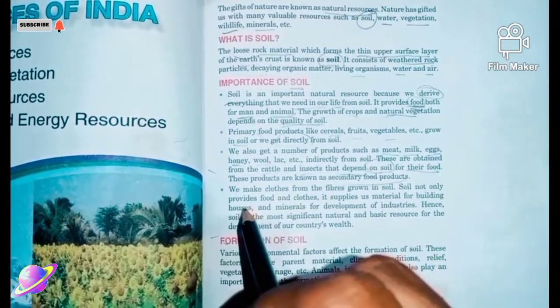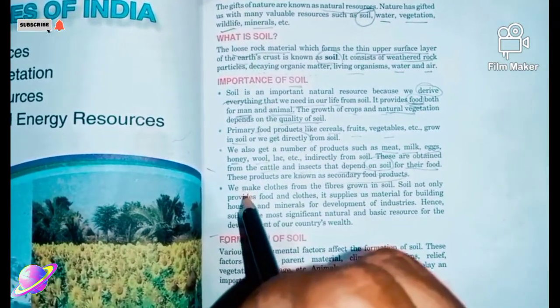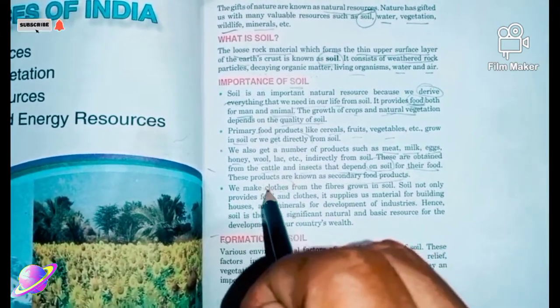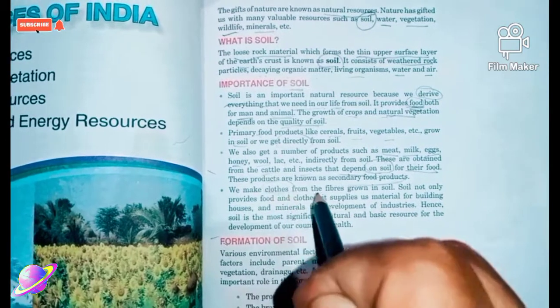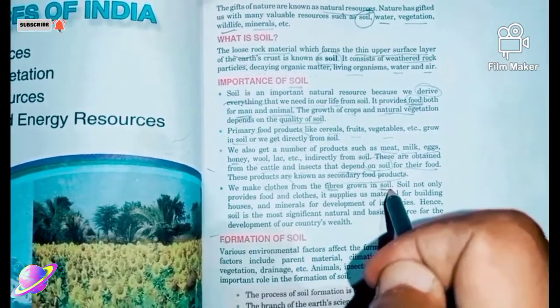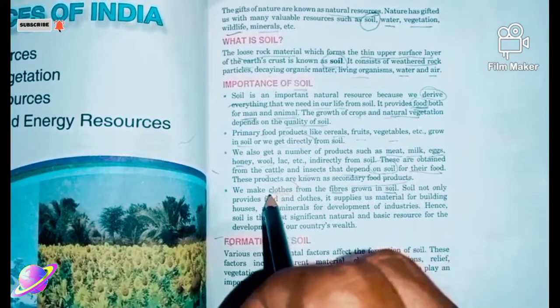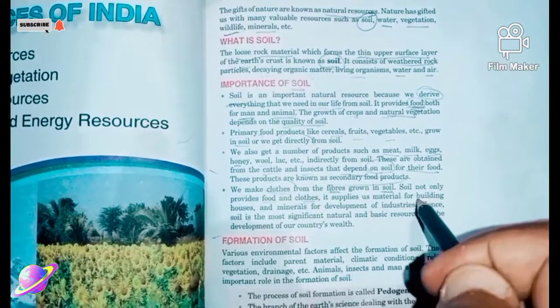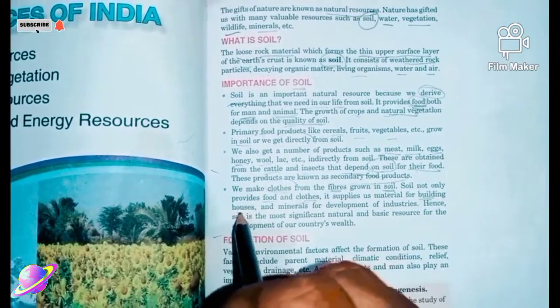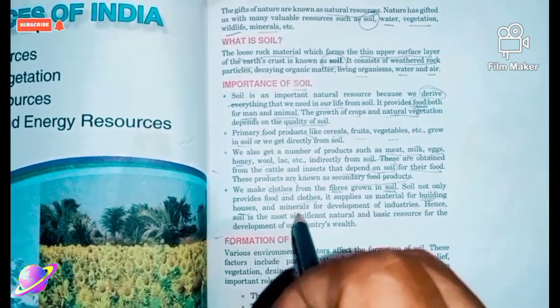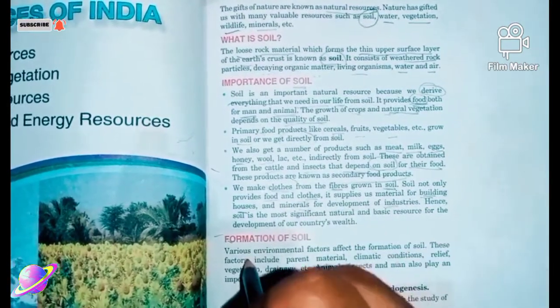There are some other indirect uses of soil, just like clothes. These clothes are made from fibers, and the fiber is grown in soil. So, soil is not only providing food and clothes, it also supplies material for building houses, like roofs and constructions, and some minerals for the development of industries.